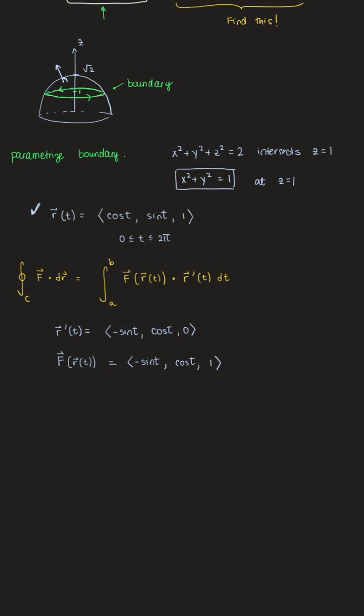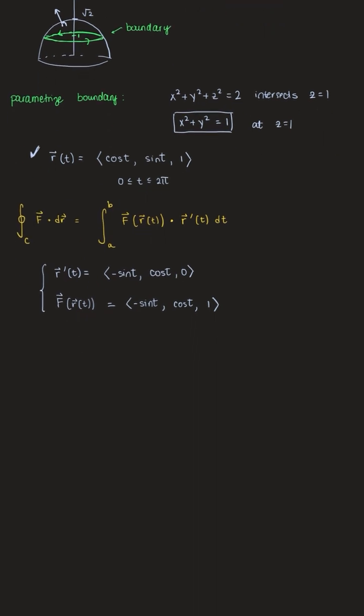Okay, now we need to find the dot product between these two vectors. So let's do that. Our dot product of F evaluated along our curve dotted with r prime of t will be negative sine t times negative sine t is sine squared t. Cosine t times cosine t is cosine squared t. And 0 times 1 is 0. So this will just be a 1, which has become a really nice, easy to manage integral.